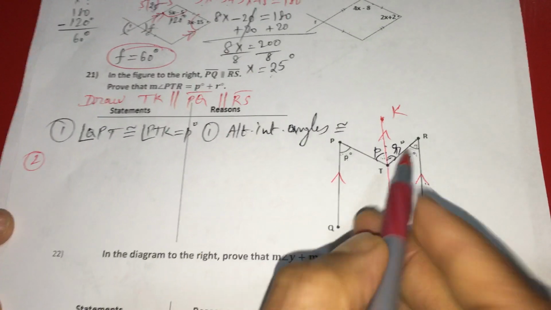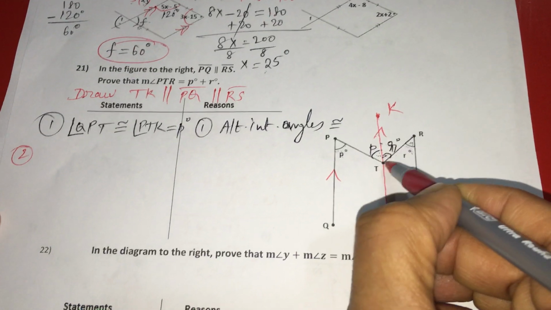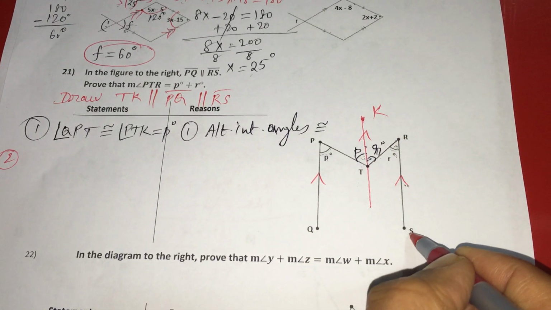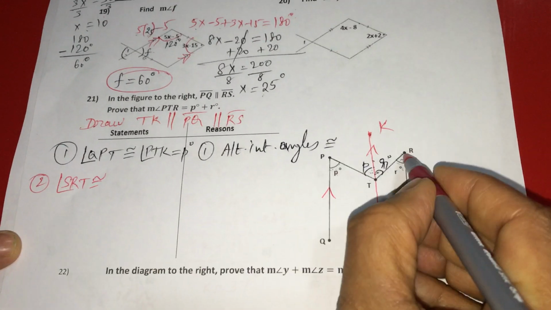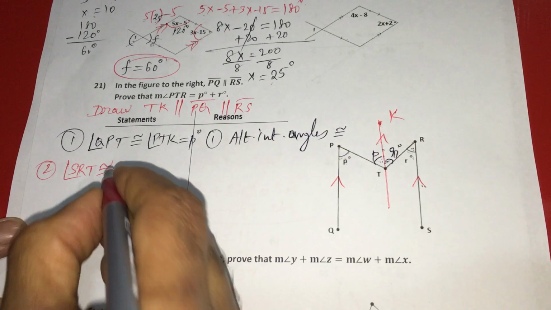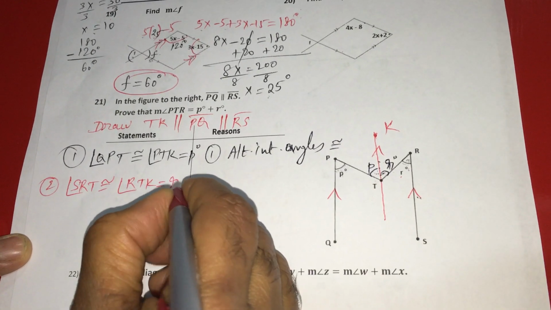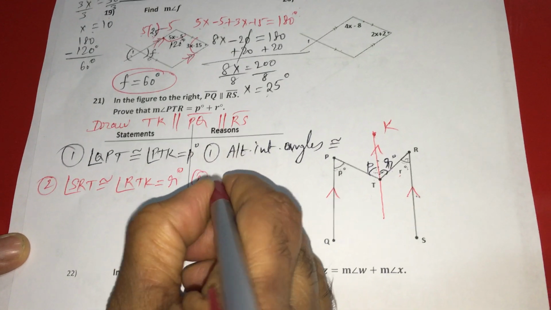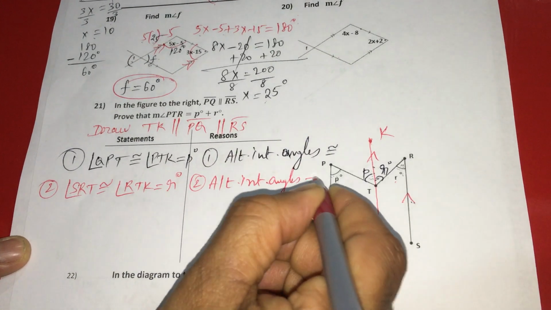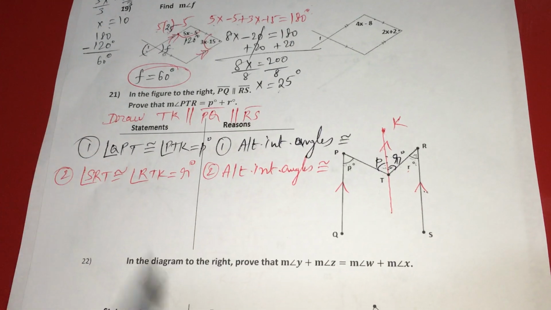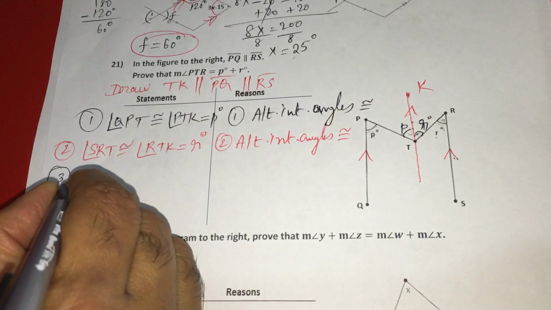And the second point is angle SRT is congruent to angle RTK, that is equal to this R degrees. The reason for the second one is also the same thing, alternate interior angles congruent.